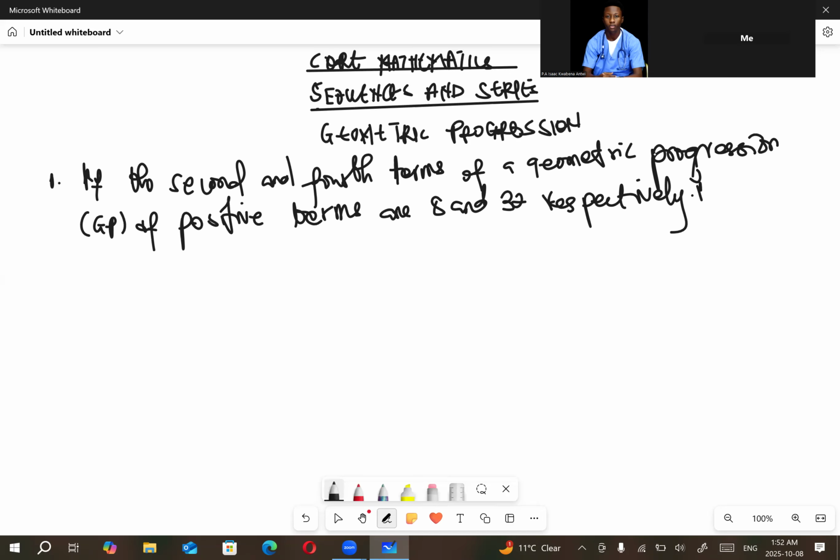Find A, the common ratio, and B, the first term.